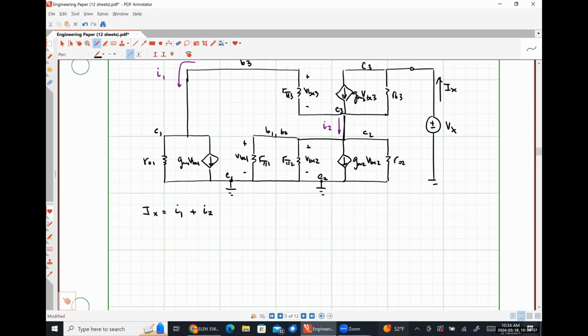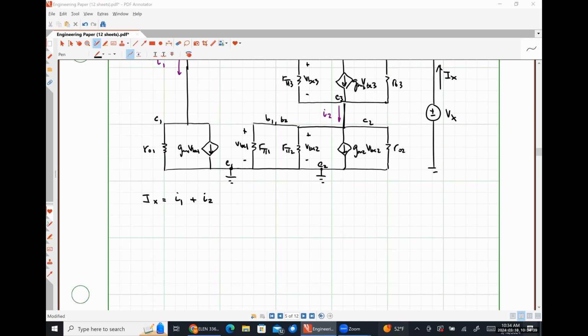So we can say that the voltage VBE2 is equal to the current I2 times R pi 1 in parallel with R pi 2 in parallel with R naught 2 in parallel with 1 over GM2.